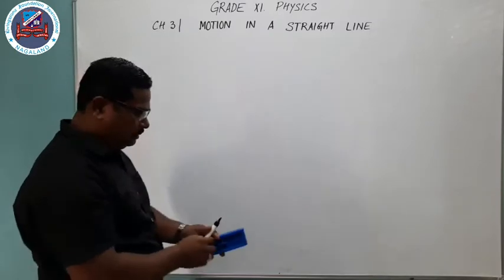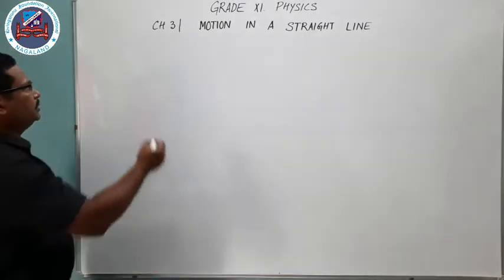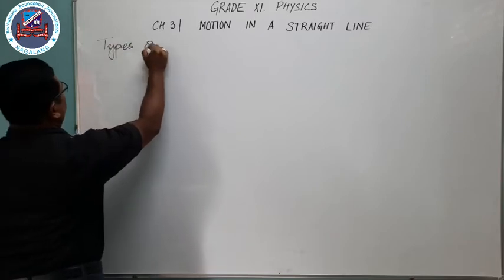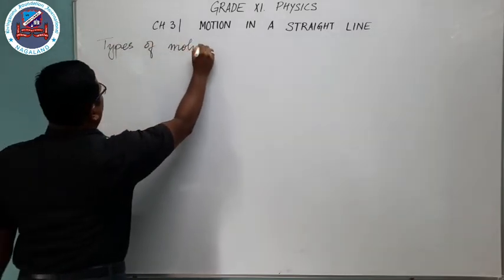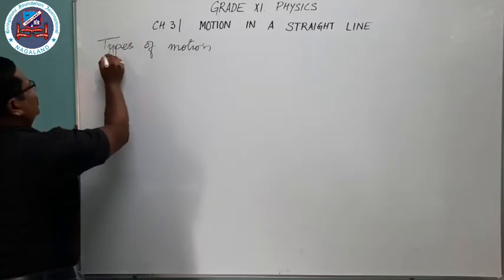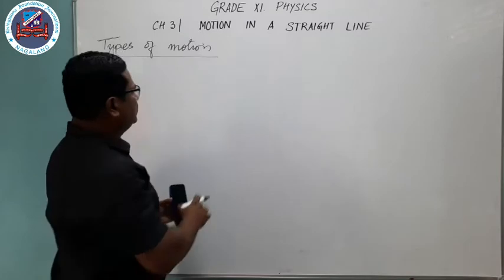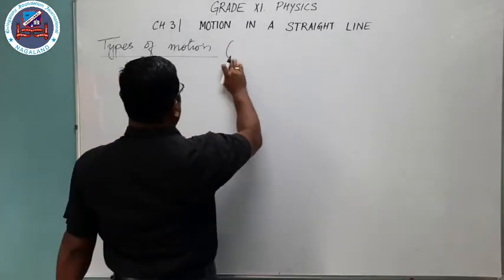Now let us see the different types of motion. The types of motion are categorized like this based on the path they travel.